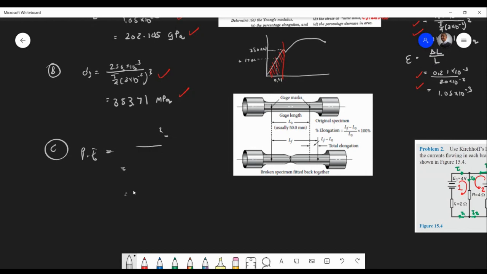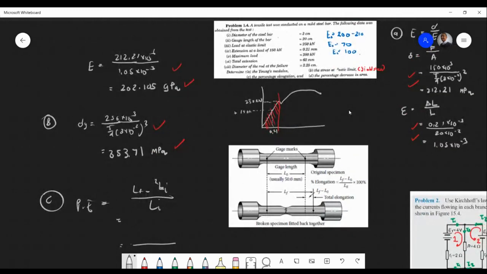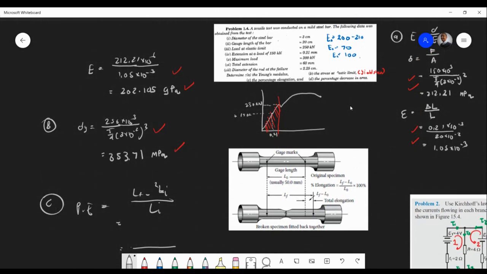So it's the final length minus the initial length, divided by the initial length, right? The final length is going to be 200 plus 60, the total extension, so we should get 260.